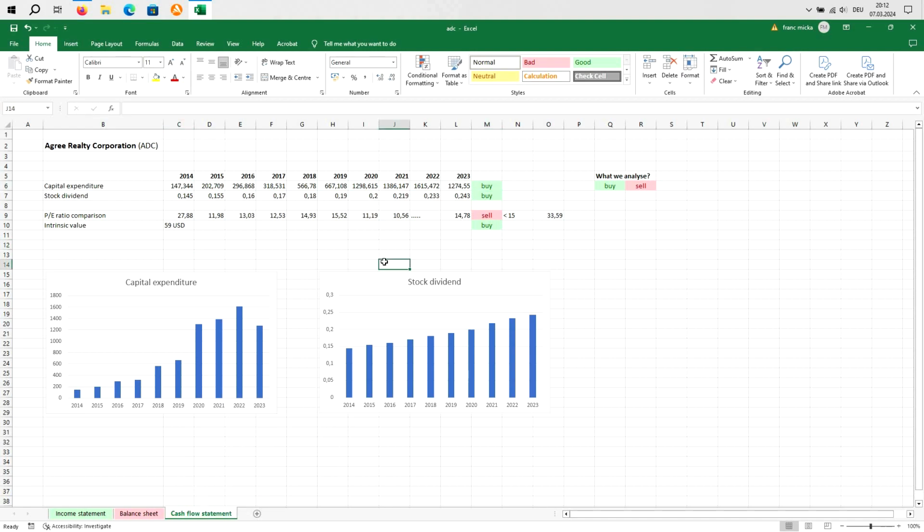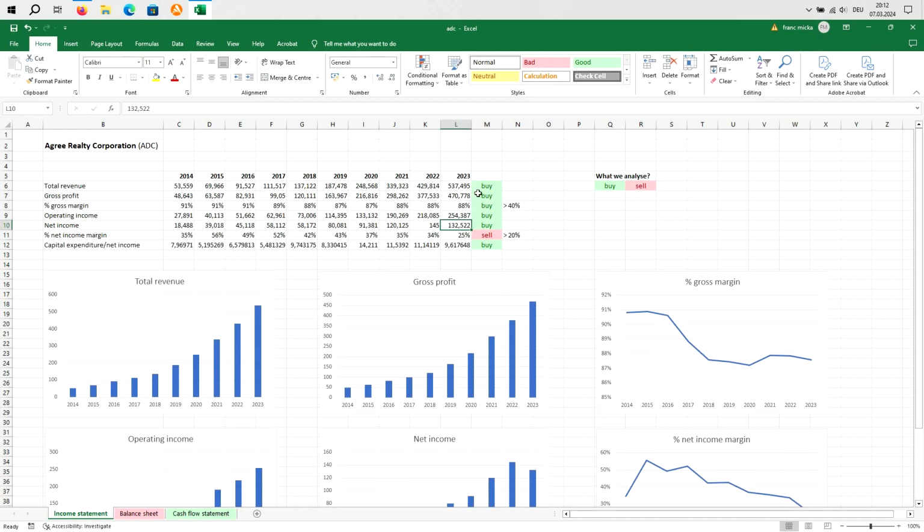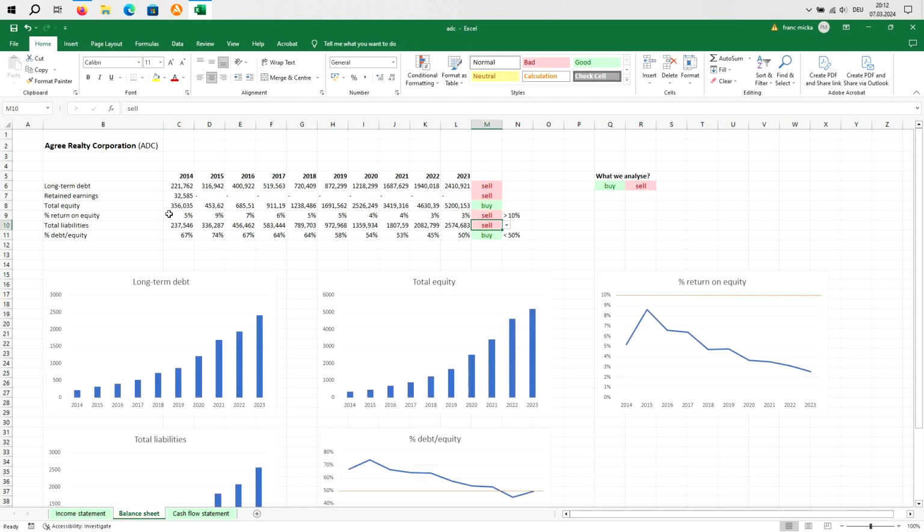And bro, now we come to the final decision. I think that this company is an interesting company because the income statement is basically perfect. They have amazing gross margin ratio. They have quite good net income margin. They have an amazing debt to equity ratio, bro, especially in the last 4 or 5 years, which is around 50%, less than 60 definitely, which is amazing.